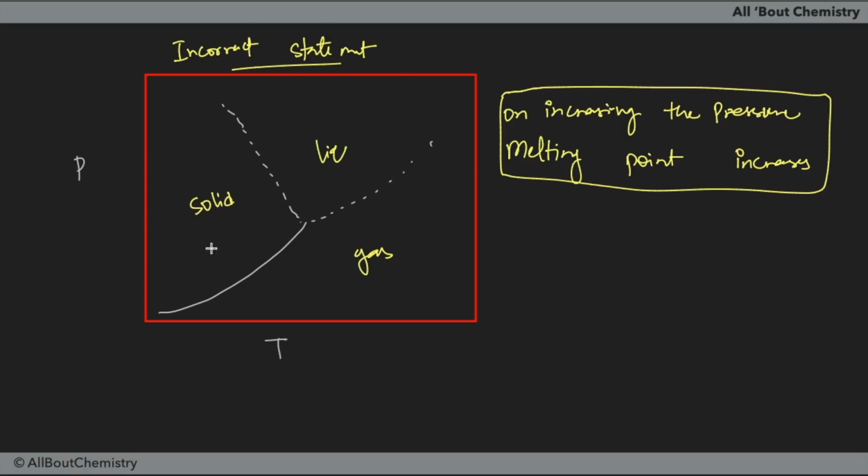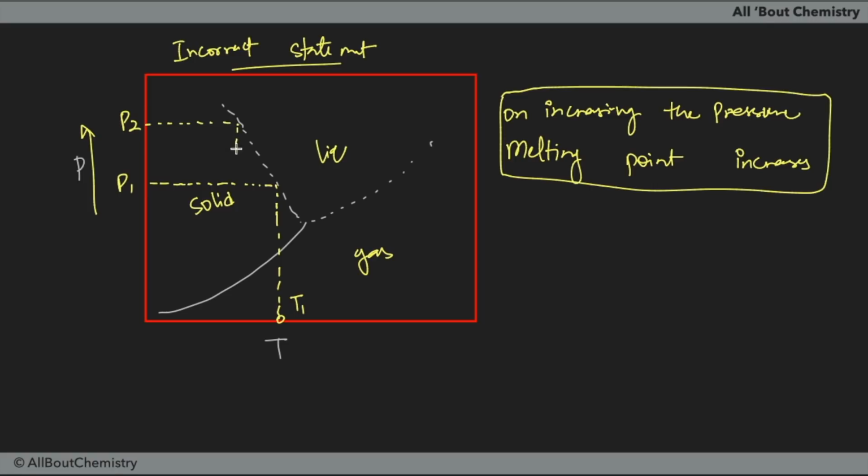Let me justify this. So this is the melting curve, okay? Solid to liquid is called the melting curve. So let's say I am calculating the melting point at some pressure P1. I will get this value of temperature, that is T1. This is the value which I'll get at P1. I increase my pressure. Pressure increase means I'm going in this direction, right? So I increase the pressure and I made it P2.